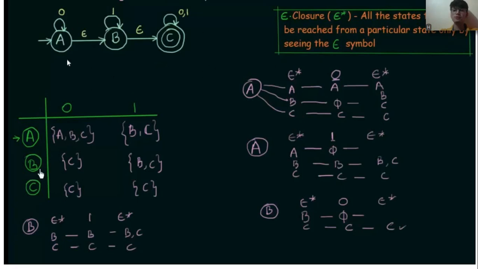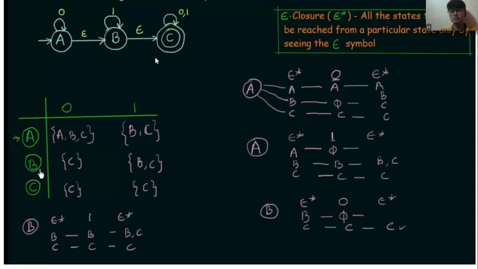Now we are going to convert it to its equivalent NFA. So the final states are going to change here. The states which can reach the final state, that is C, through seeing epsilon are considered as final states. So A, by seeing epsilon, goes to B. Then B on epsilon goes to C. So it reaches the final state from A to C by seeing epsilon.